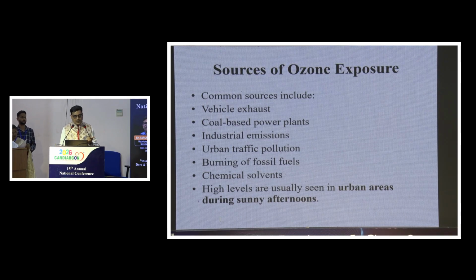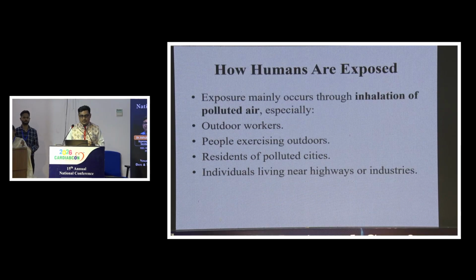High levels are usually seen in urban areas during the afternoons. How are human beings exposed to ozone? Exposure mainly occurs through inhalation of polluted air, especially in outdoor workers and people exercising outdoors, and especially in highly polluted cities like Delhi, Mumbai, Kolkata, etc.